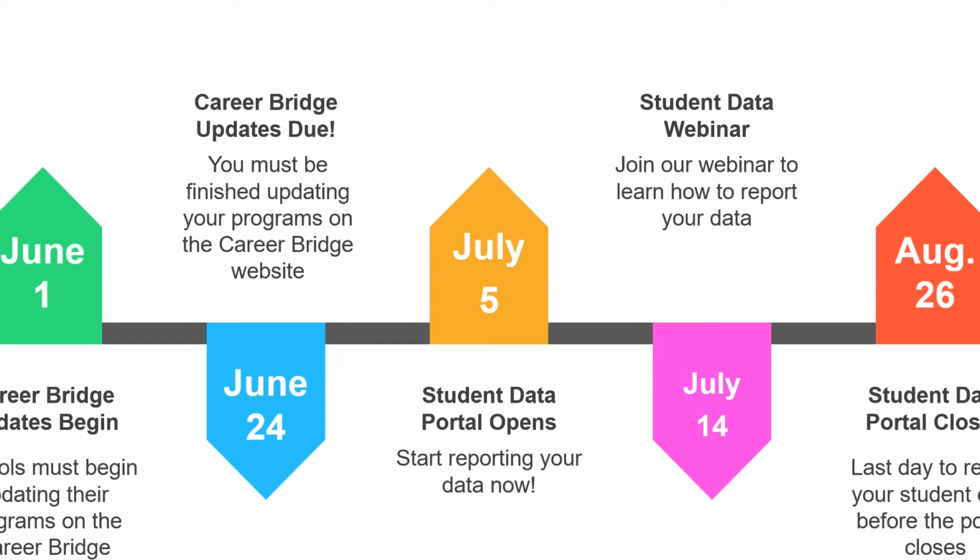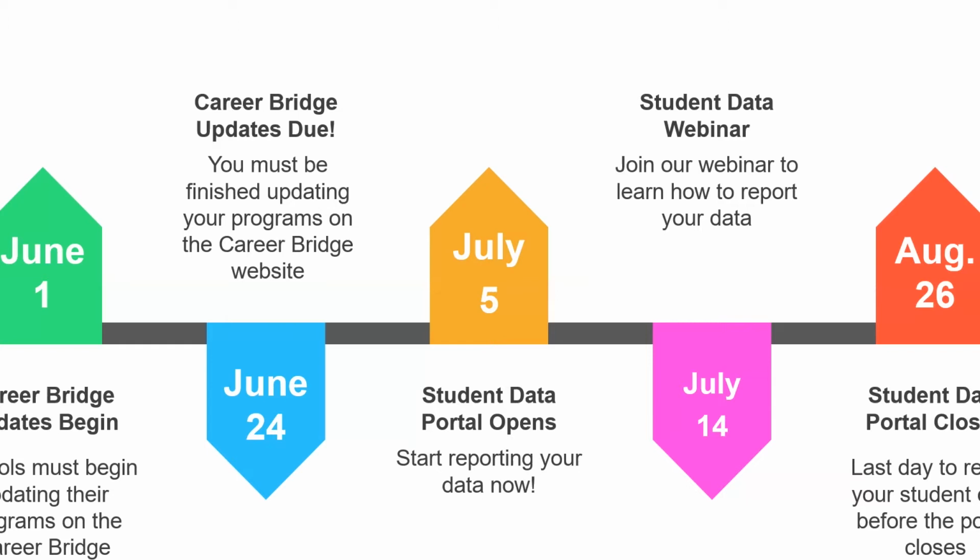June 24th was the deadline for updating our CareerBridge website. After you update it, we actually suck all of that data over into our student data portal. And this year, July 5th was the date that the student data portal opens.